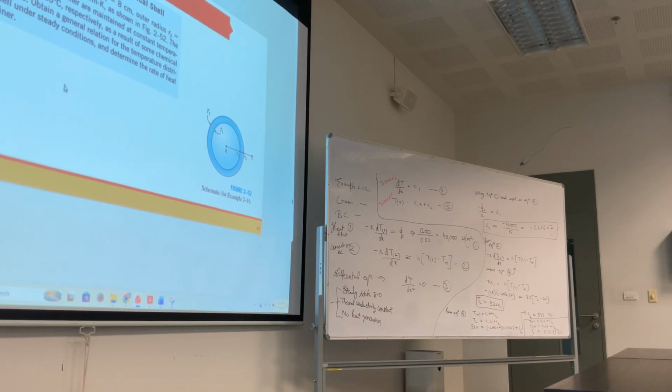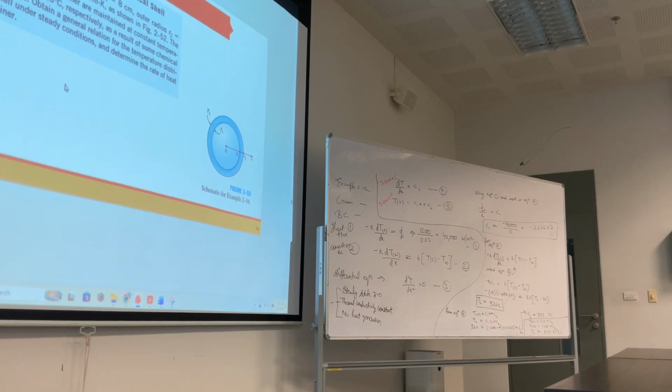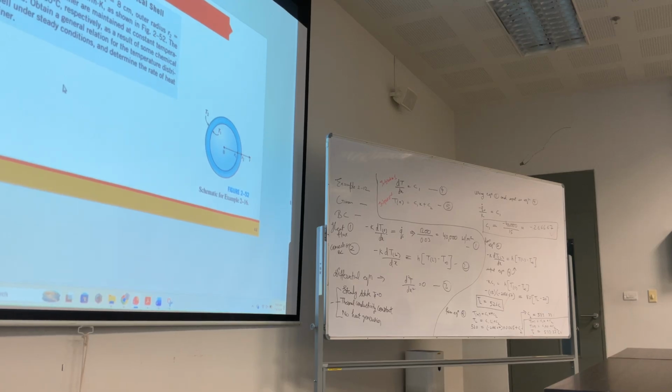Obtain a general relation for the temperature distribution inside the shell under steady condition and determine the rate of heat loss from the container. So first tell me which differential equation is applicable for this numerical, and then tell me the boundary conditions. Which boundary conditions are given?